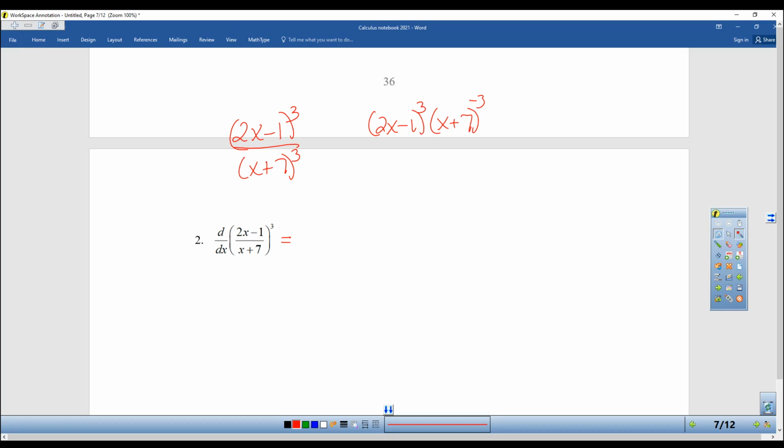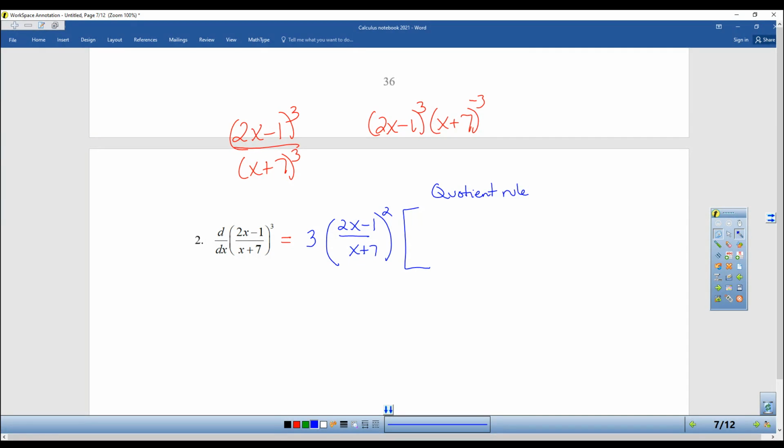There's really no perfect way, but after having done this exact same problem for years, I would say it's just 1 step or 2 steps shorter to just do it the way it is. Bring down the 3, rewrite this problem, 2x minus 1 over x plus 7 to the second, and then do the quotient rule when you go to do the derivative of the inside.